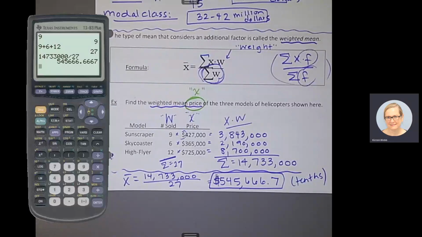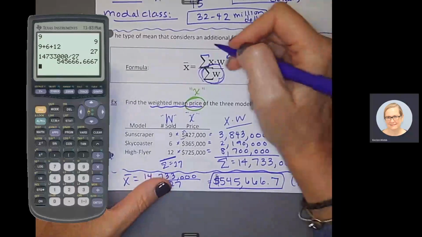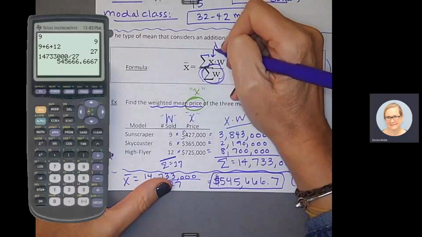A real common use of a weighted mean is GPA, grade point average. And we'll work a problem involving GPA when we flip the page. Is there anything we want to check on before we do? In my notes here, I said that X was the data value.